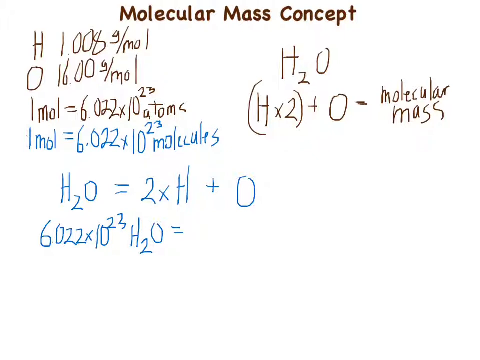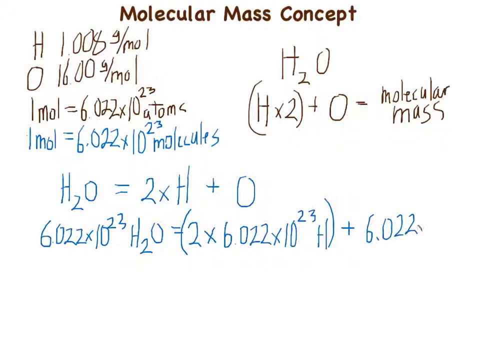That means you're going to have 6.022 times 10 to the 23rd atoms of hydrogen, and don't forget times 2, because you got 2 in water, times 2, plus 6.022 times 10 to the 23rd atoms of oxygen. Once again, that O is not a 0. That's an O for oxygen.